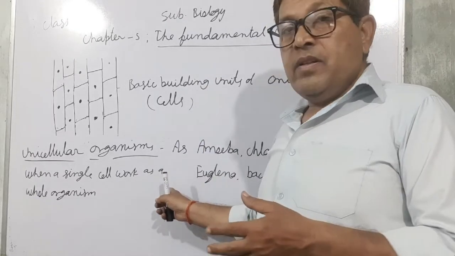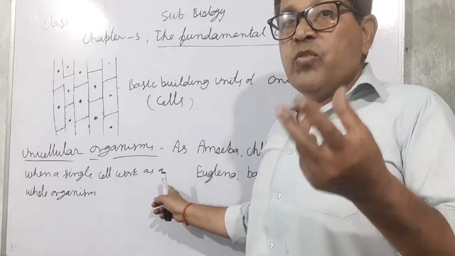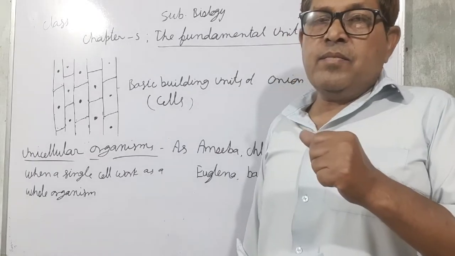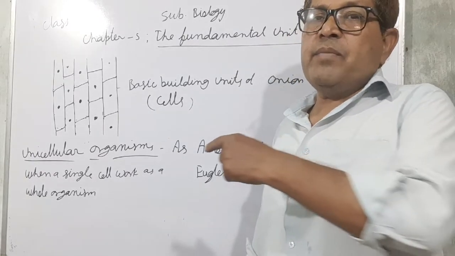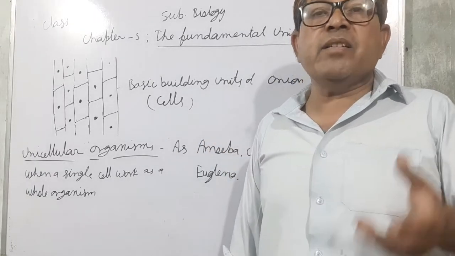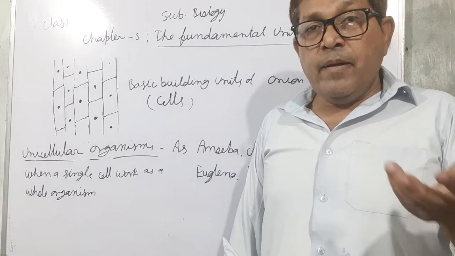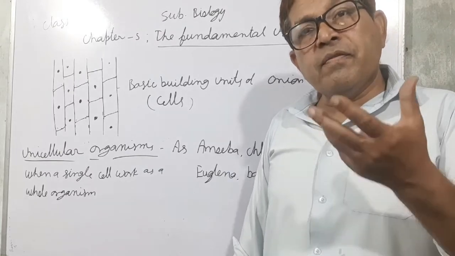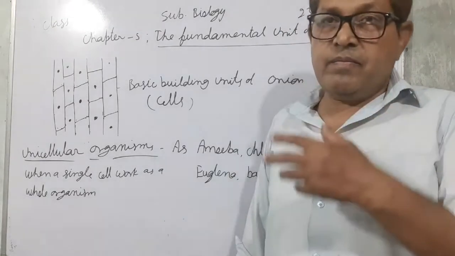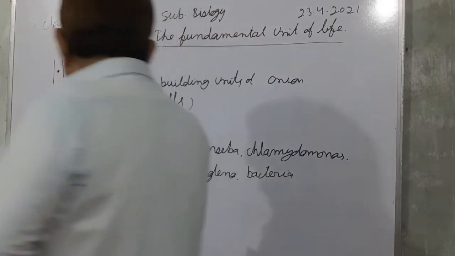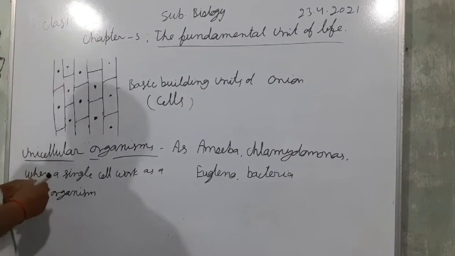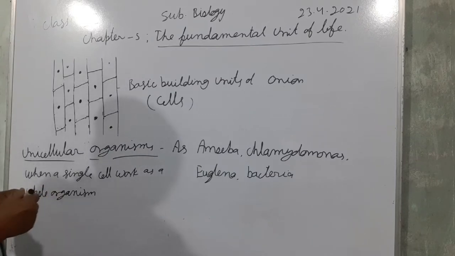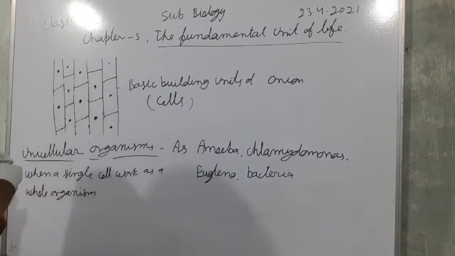So first is the unicellular organism, and the next one is the multicellular organism.